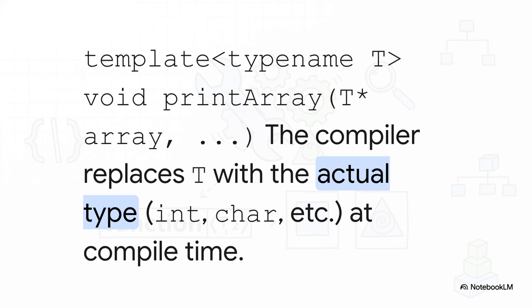By starting with template typename T, we can define our function using T as the type. So when we call printArray with an integer array, the compiler just swaps out every T with int. Call it with a character array, it swaps T for char. It's one piece of code with endless possibilities. And by the way, this is the exact principle that powers the entire C++ Standard Template Library, the STL.